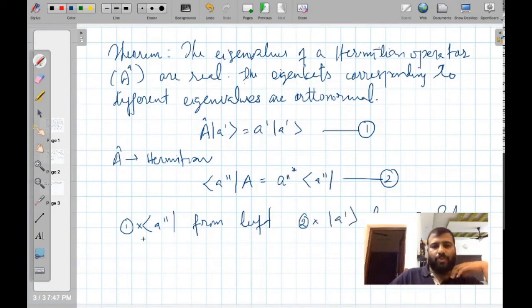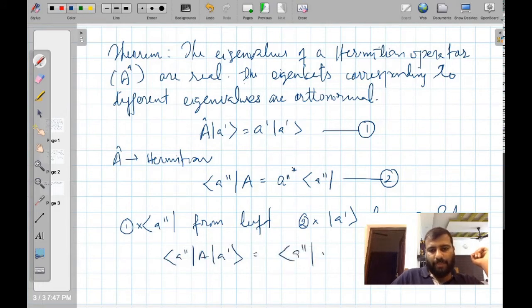So I'll get two new equations: <A''|A|A'> = A'<A''|A'>. Here A' is a scalar quantity, so you can take it outside. This is equation 3.